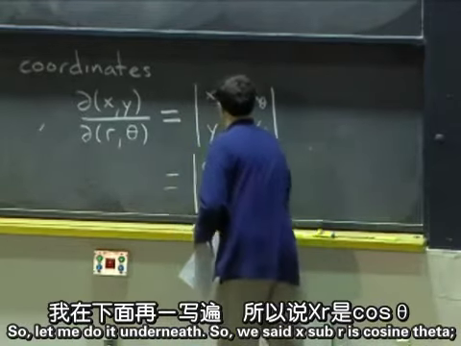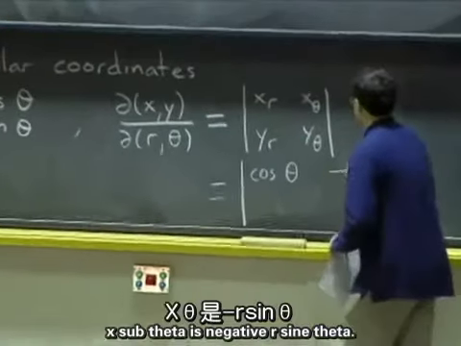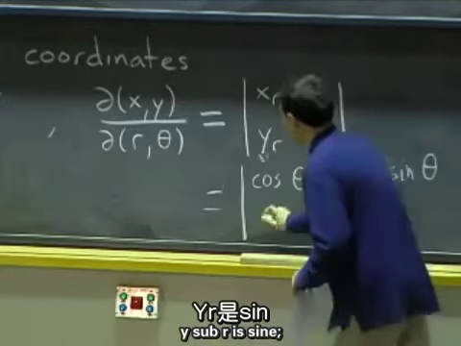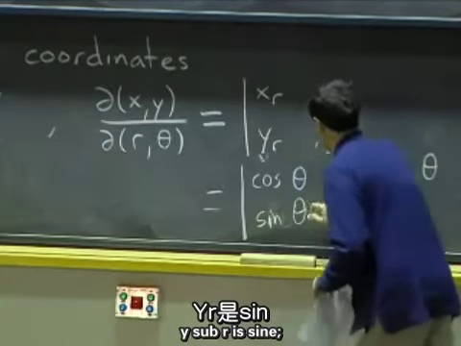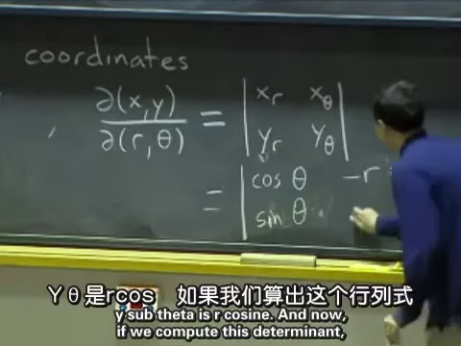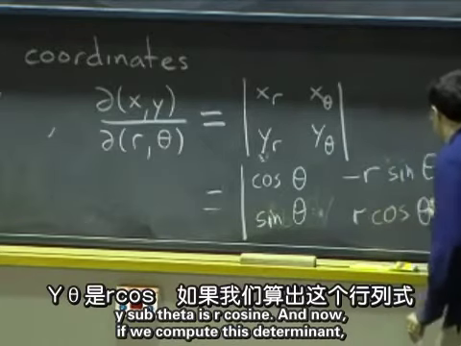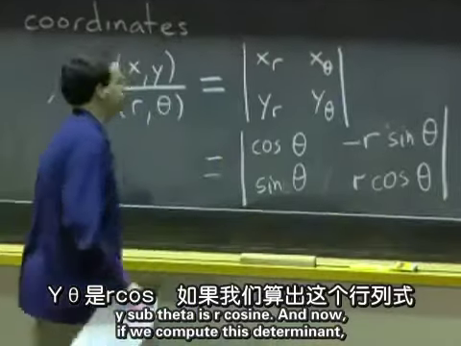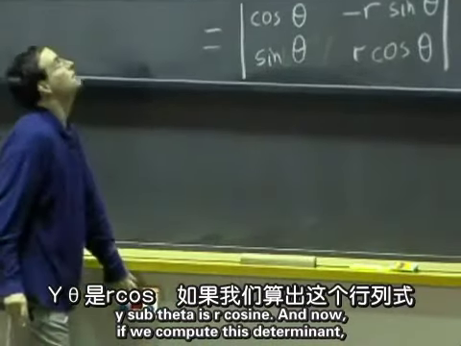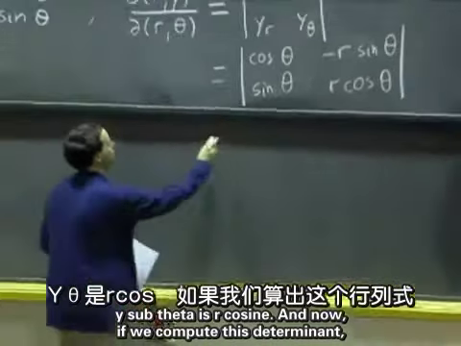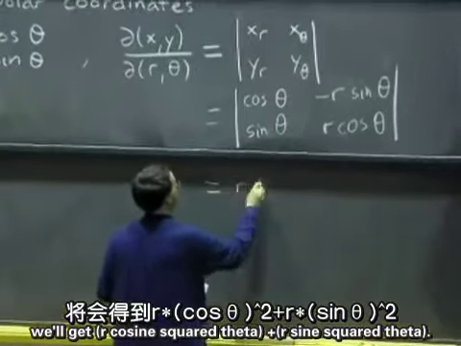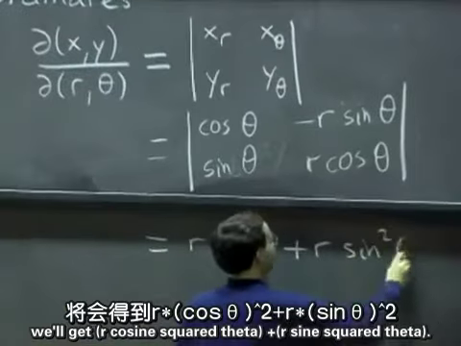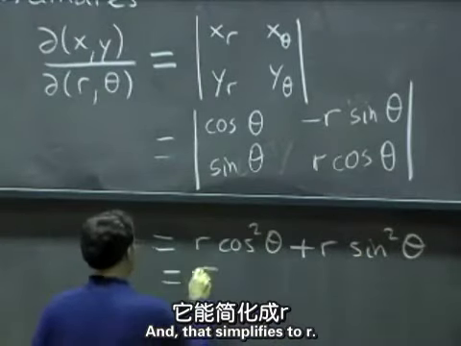So x sub r is cosine theta, x sub theta is negative r sine theta, y sub r is sine theta, y sub theta is r cosine theta. And now if we compute this determinant, we'll get r cosine squared theta plus r sine squared theta, and that simplifies to r.